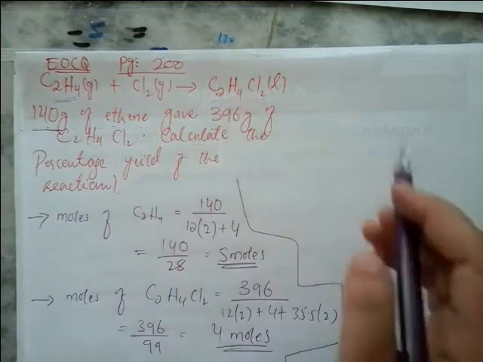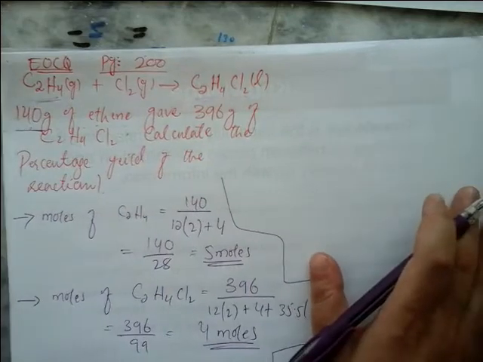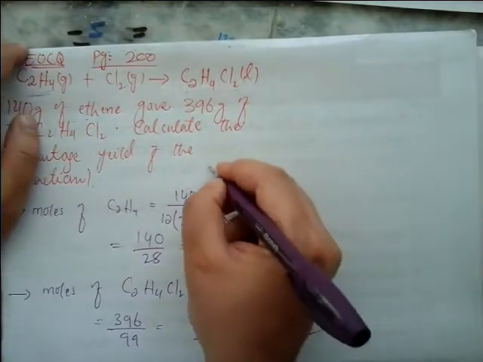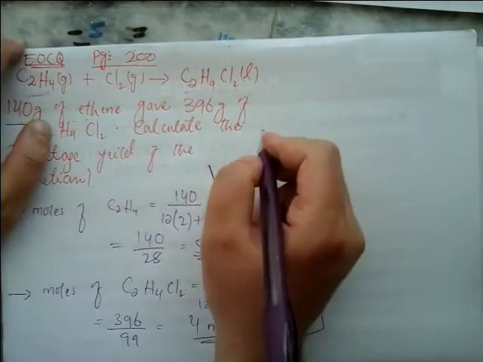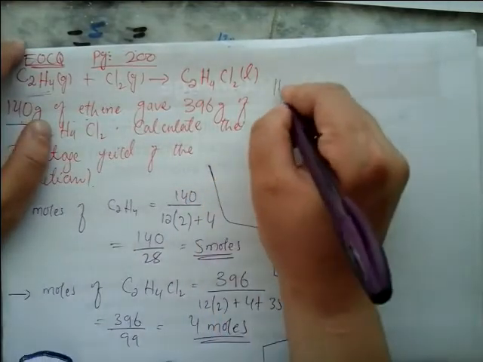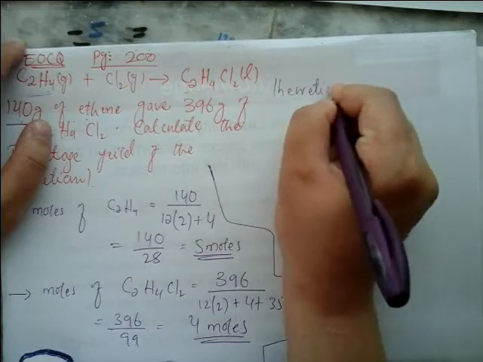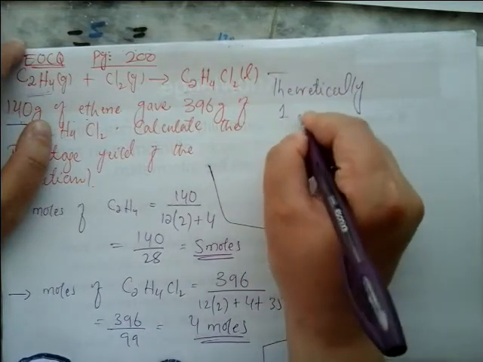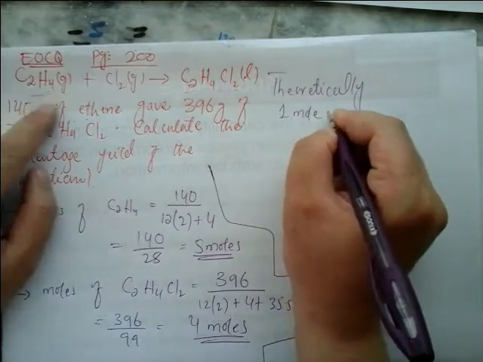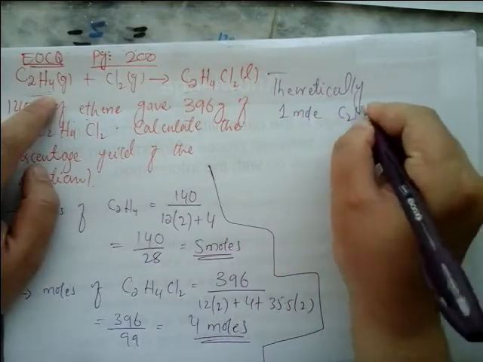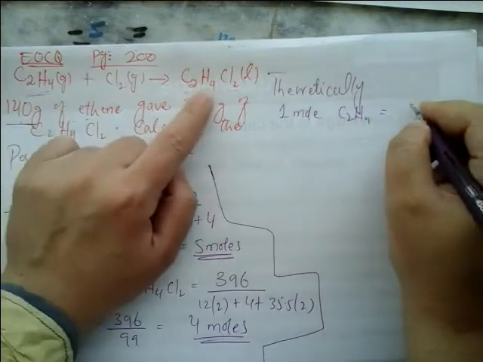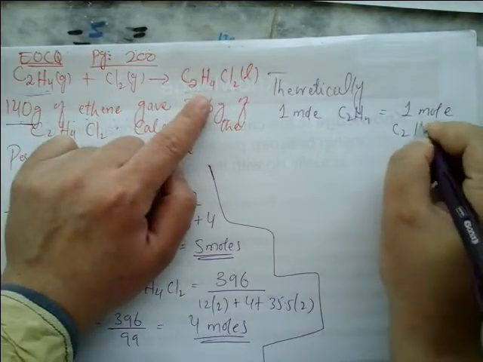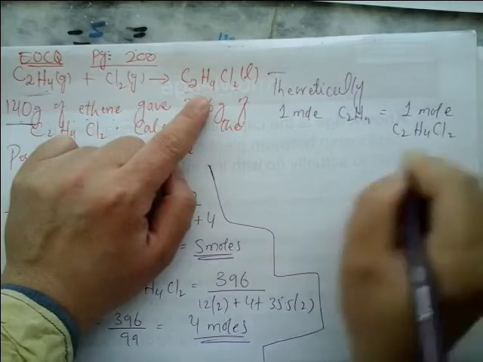So we will find the percentage yield. Theoretically, 1 mole of ethene produces 1 mole of chloroethane.